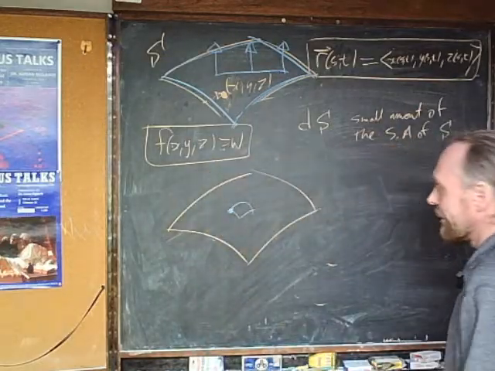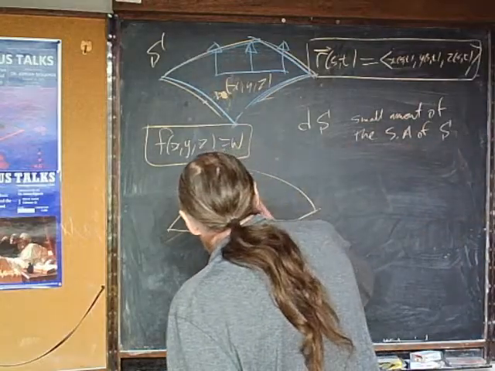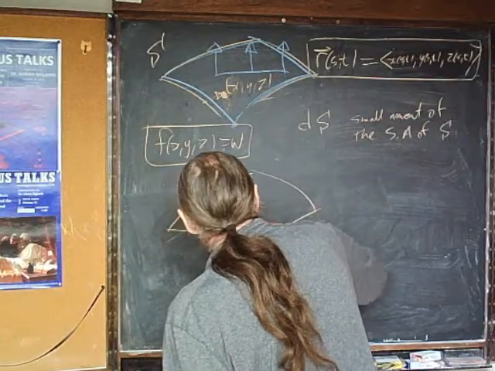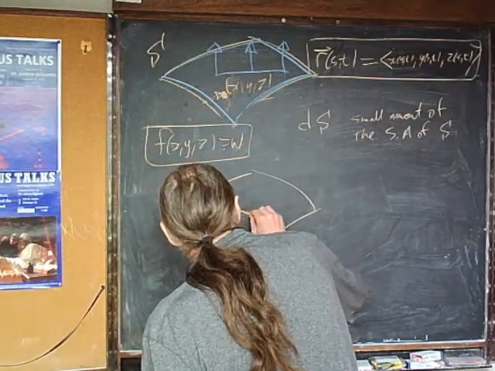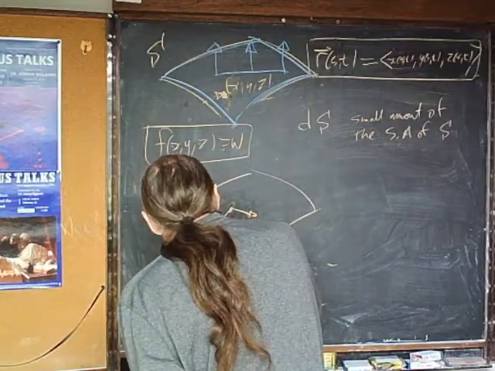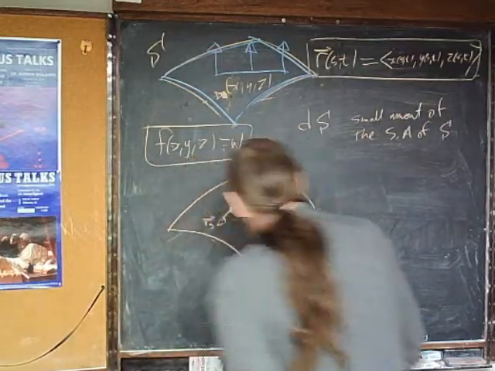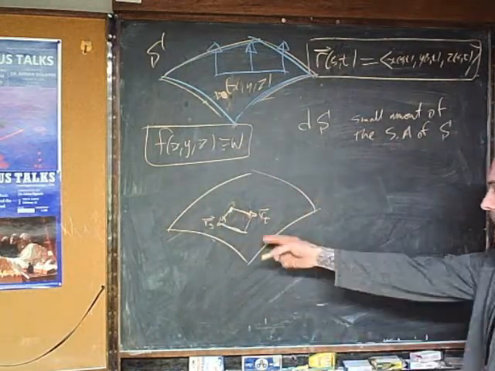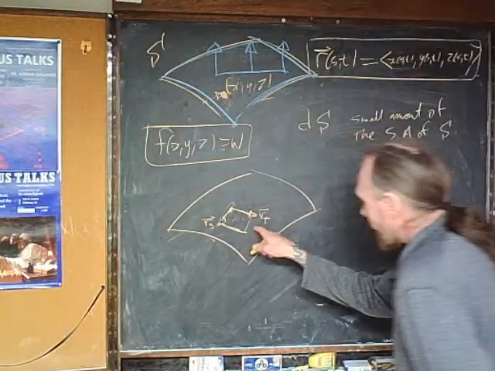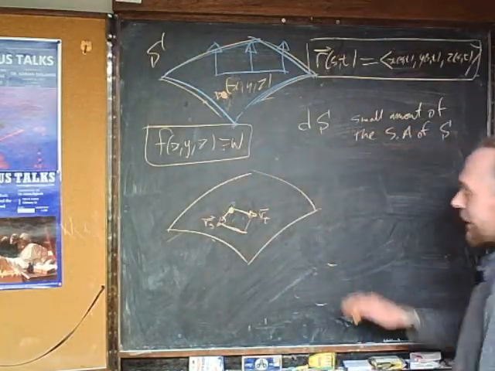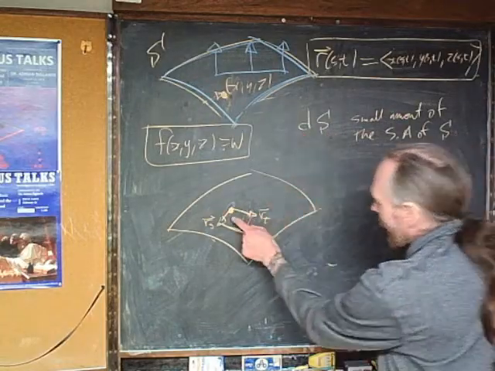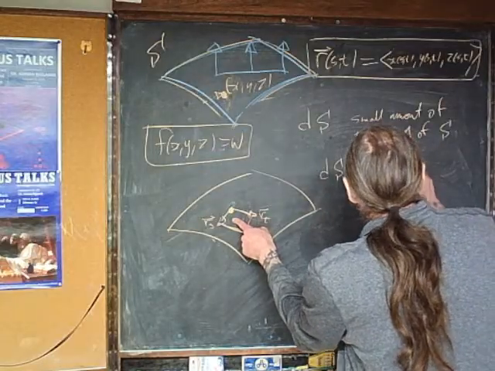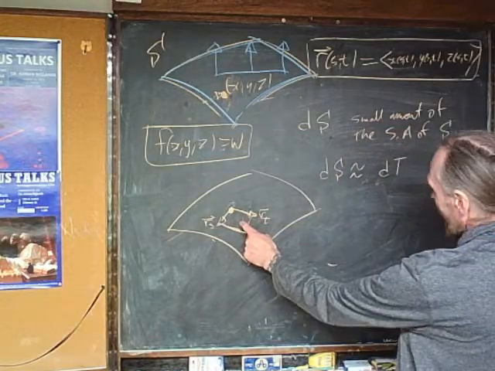Instead of that, we can't do that, it's approximated by, let's do it this way. This is going to be our S and our T, and I'll tell you what those are in a second. So we're going to create a tangent plane and a rectangle or a parallelogram. So what this means is at every point, instead of doing a little piece of the actual surface area, ds is approximately equal to dt, where t is the tangent plane or this parallelogram.